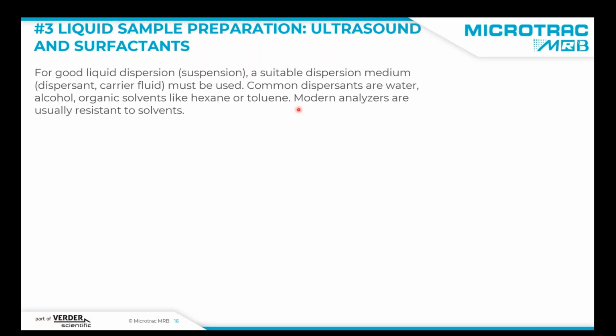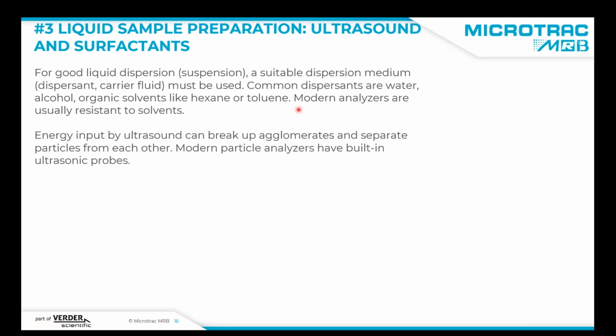If you observe poor wetting of the particle surfaces, particles floating on the liquid, this is usually an indication that your dispersion medium is not suitable and you should consider using a different one. Plus, your particles should not dissolve in the dispersion medium. So everything that is water soluble should be measured in alcohol or organic solvent.